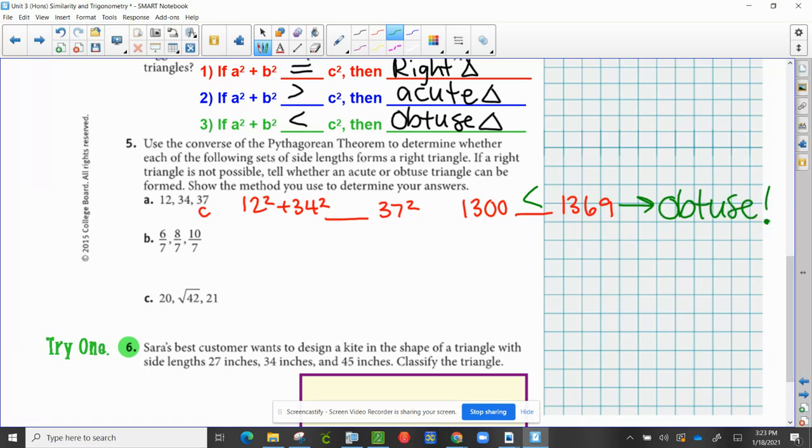Okay. Let's look at B. B looks a little nasty because of the fractions, but really, if you notice, we all have the same denominator. So I'm really just going to look at the numerators here, 6, 8, and 10. So 6 squared plus 8 squared. How does that relate to 10 squared? Do you have a guess of what this is going to be already?